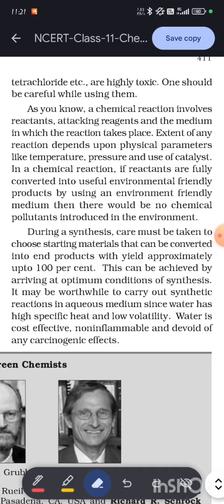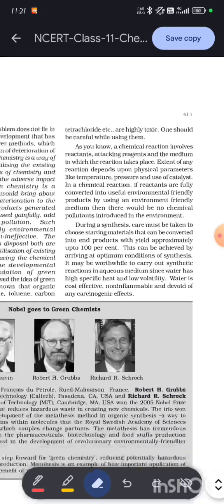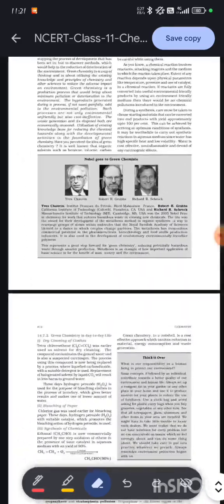This can be achieved by arriving at optimum conditions of synthesis. It may be worthwhile to carry out synthetic reactions in aqueous medium since water has high specific heat and low volatility. Water is cost effective, non-inflammable and devoid of any carcinogenic effects.